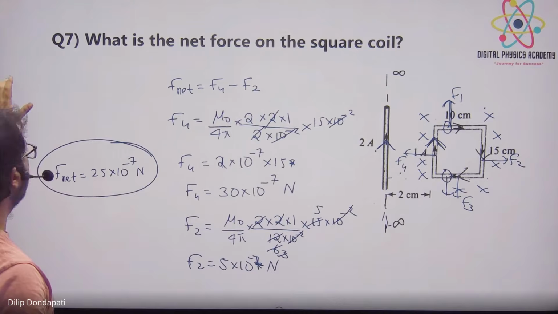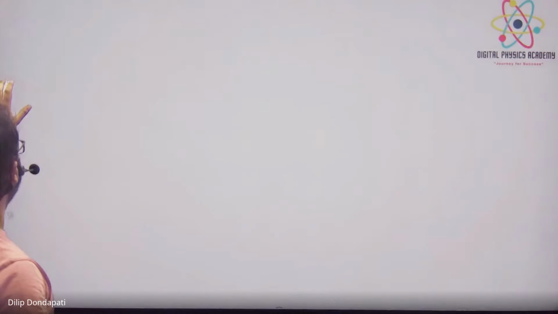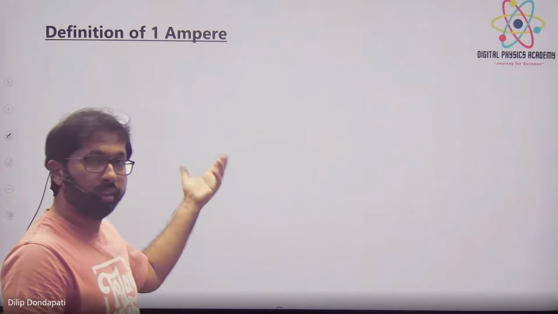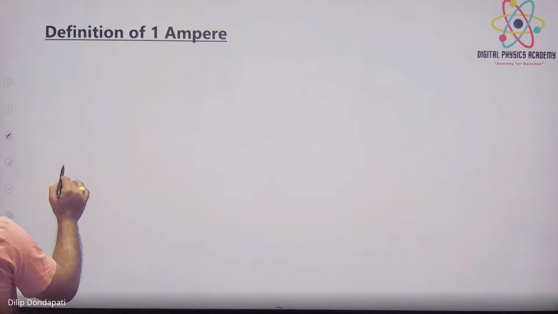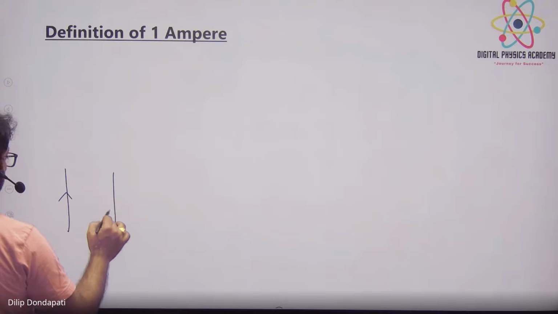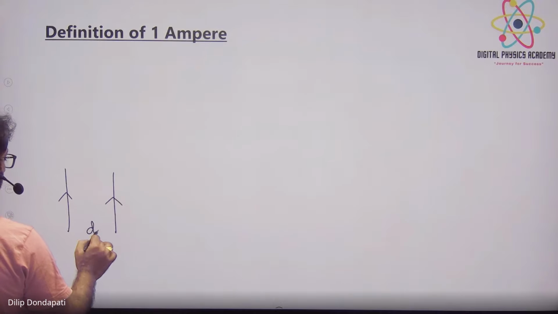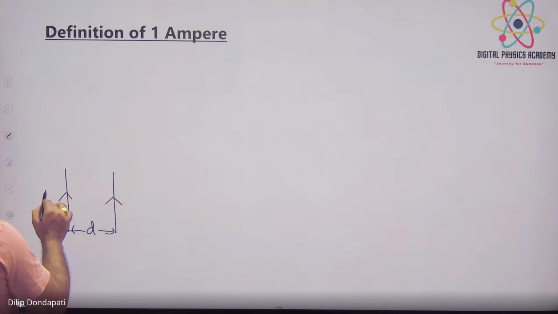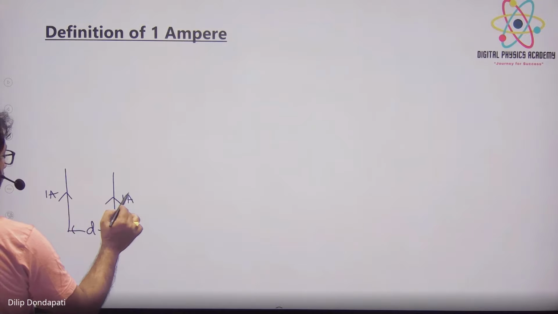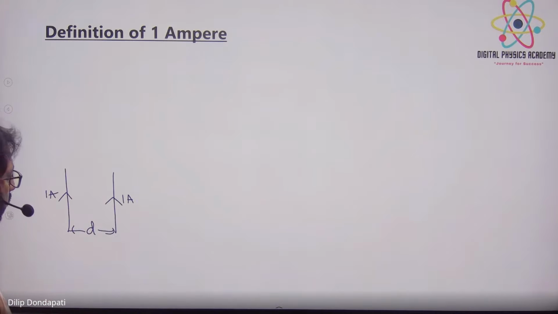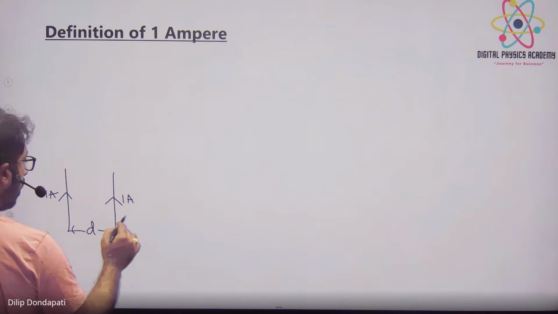Chalo. Now, sometimes whenever this concept comes, they will ask to define 1 ampere. What is 1 ampere? In terms of this, two parallel current carrying wires separated by distance d. When can I say the current flowing is 1 ampere in both wires? Okay. So therefore, see, first calculate force per unit length.